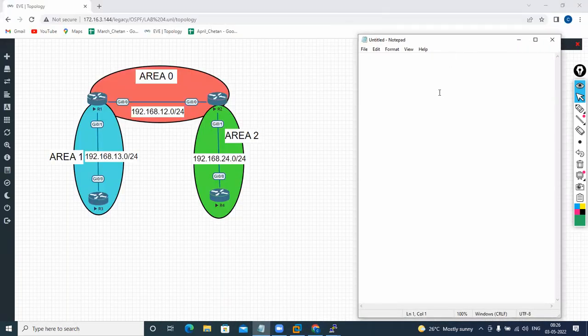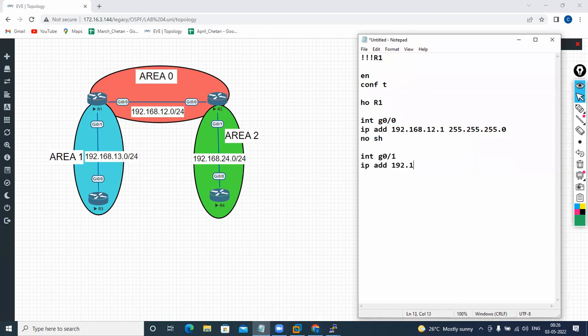We provide the IP addresses on R1. Interface 0/0, what is the IP address? 192.168.12.1/24. Interface 0/1, the IP address will be 192.168.13.1/24.